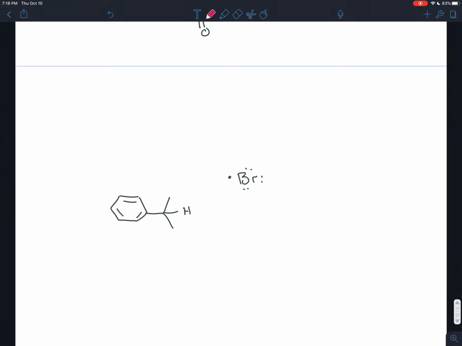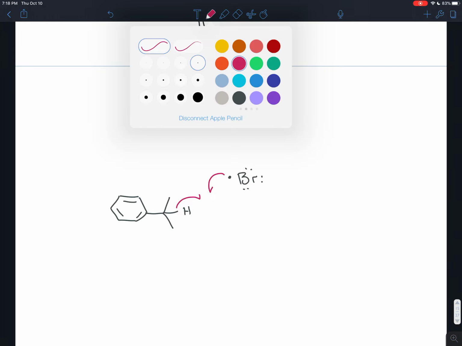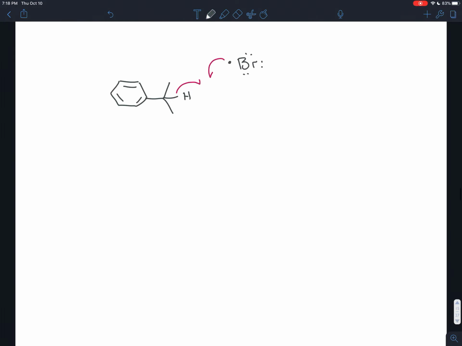The bromine, on the other hand, swoops in and is able to steal one of the hydrogens. It donates its electron, it steals one of the electrons from the hydrogen. So you end up forming HBr.